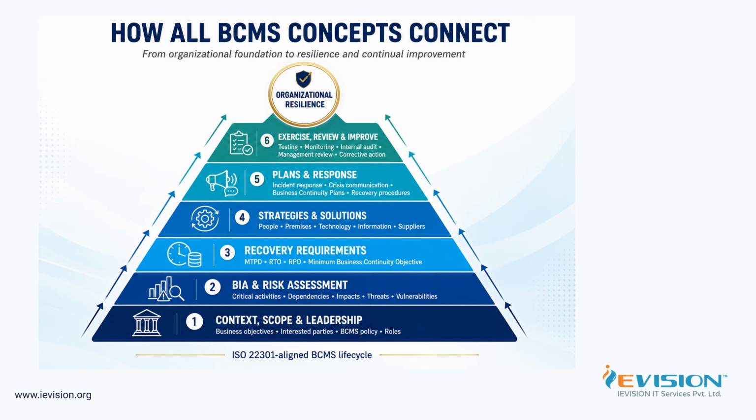Now finally, let's understand how all BCMS concepts connect. Keep in mind, my friend, that every organization's business continuity starts with business continuity objectives defined by the top management. Ideally, there has to be a business continuity policy. You have to define roles and responsibilities.